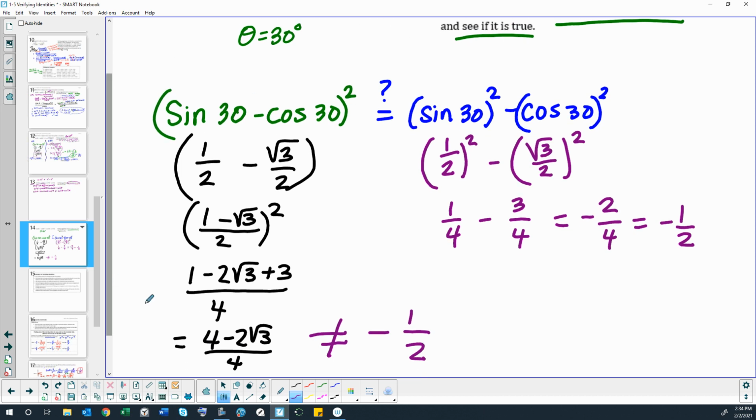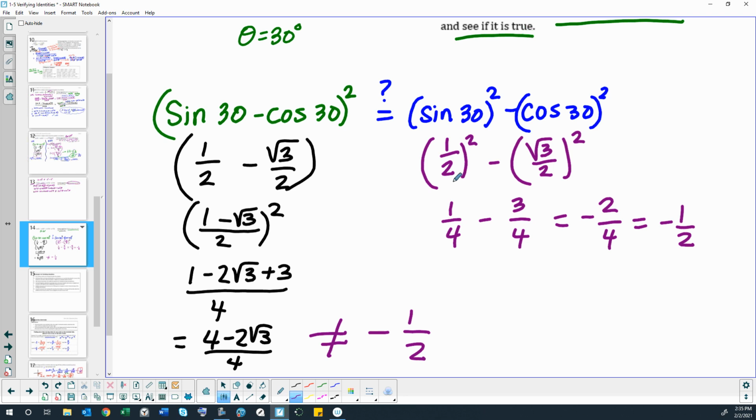This side of our problem actually is exactly like part 1. So we get this 4 minus 2 square root 3 that we had earlier by plugging in sine 30, cosine 30. Subtract those, combine them together, multiply the numerator, simplify, etc. But the other side of our equation will have sine 30 squared minus cosine 30 squared.